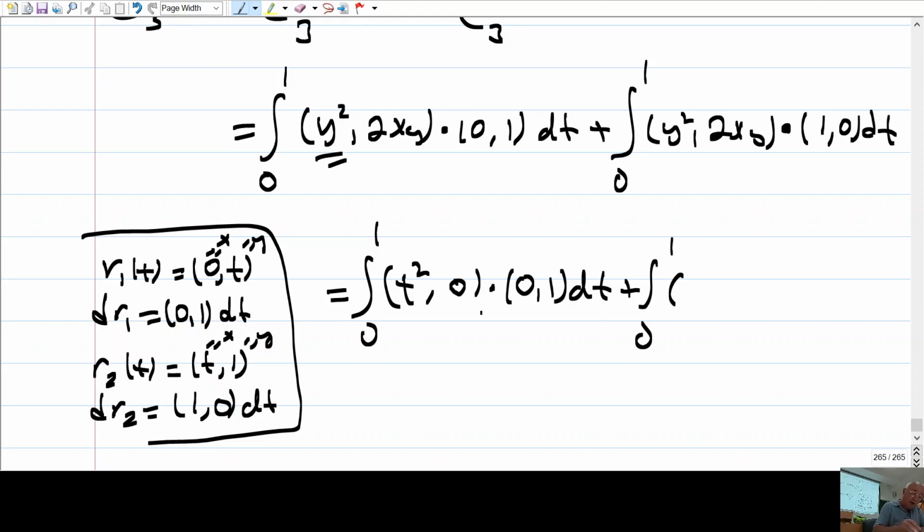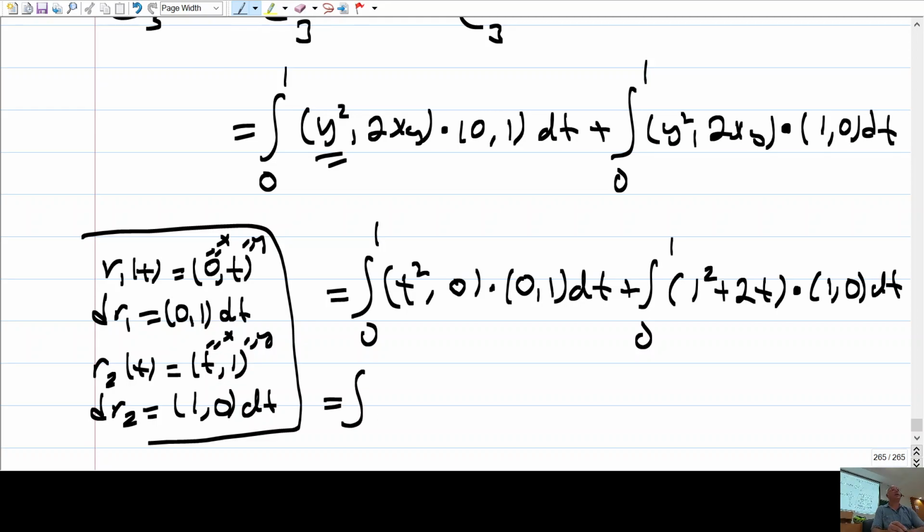Y is just 1, so it is 1 squared, plus 2xy, which is just 2t, dot (1, 0) dt.